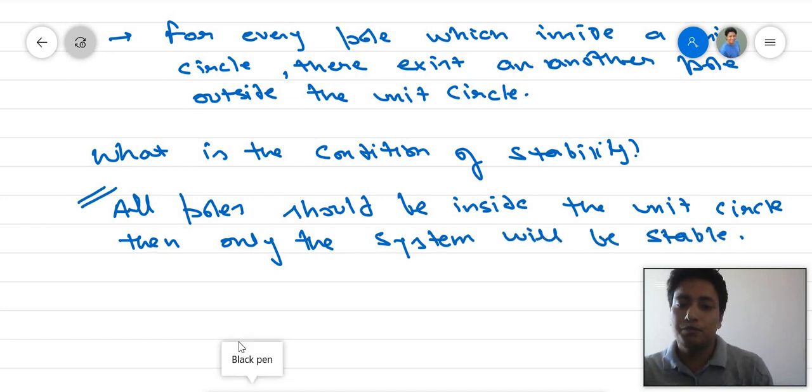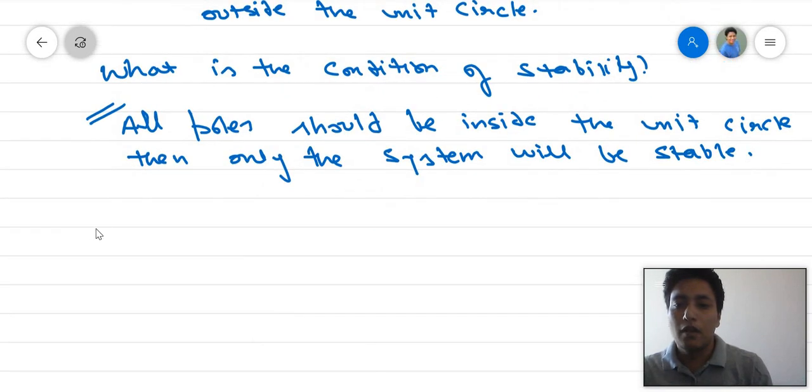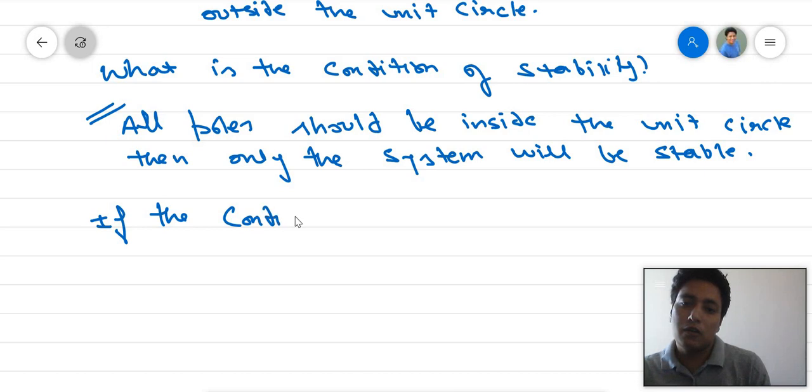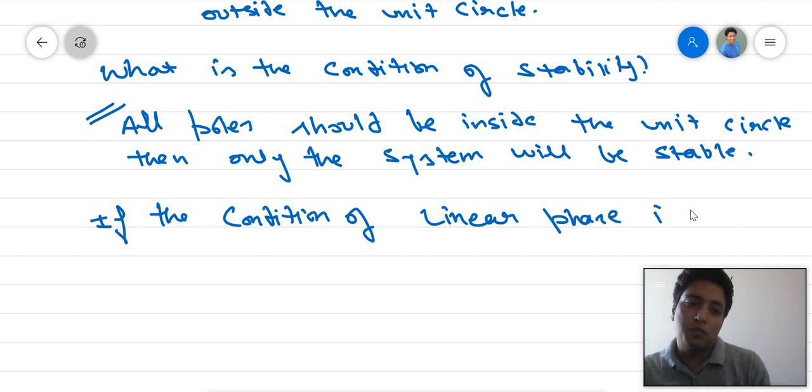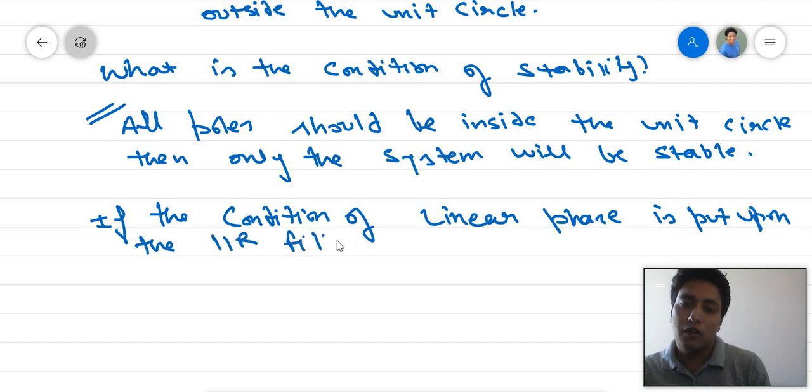So that means if the condition of linear phase is put upon the IIR filter, the system will be unstable.